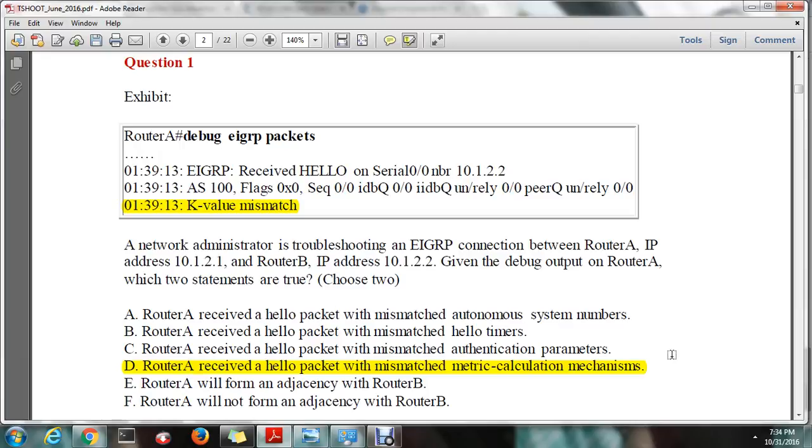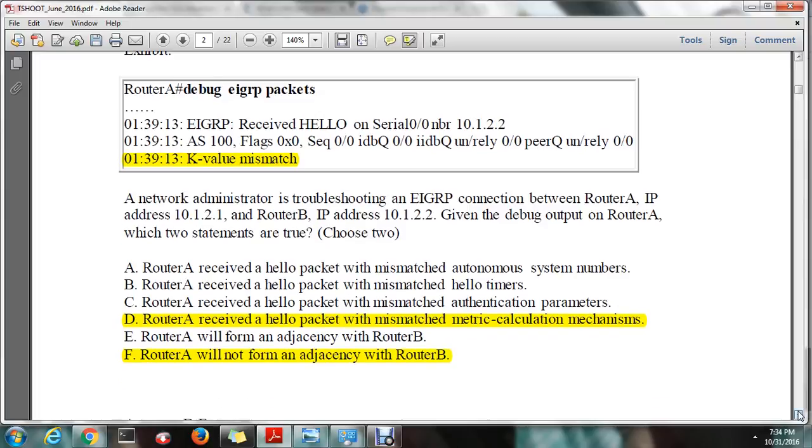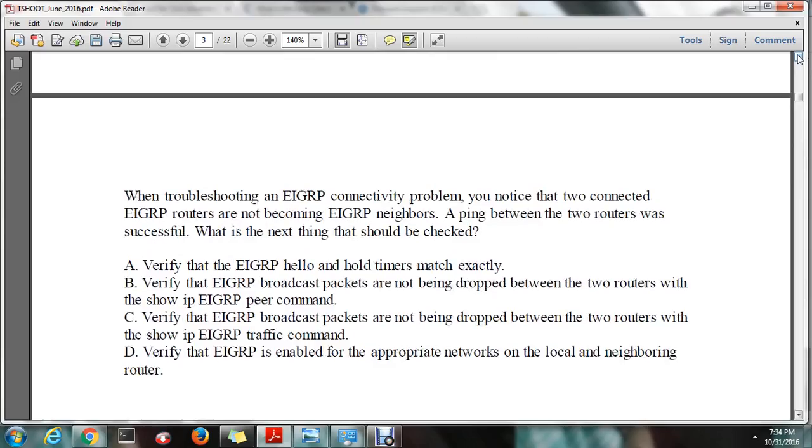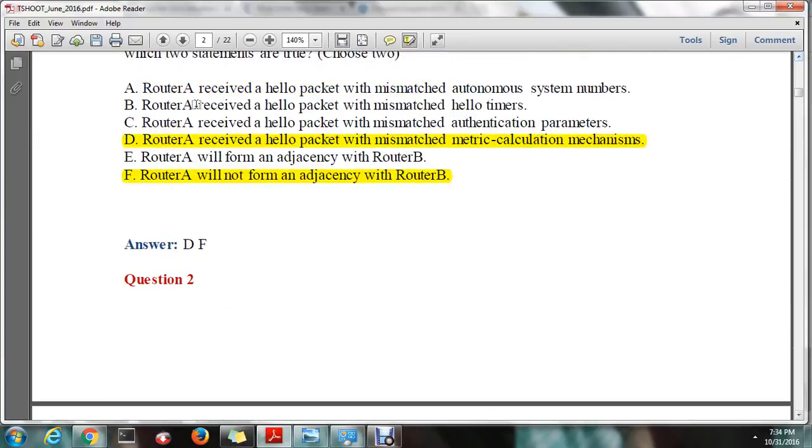There is a separate formula to calculate the metric, and the k values play a vital role in deciding the metric value. Router A will form adjacency with router B. No, if the k value is mismatched, router A will not form adjacency with router B. So with respect to the first question, answers D and E are right.